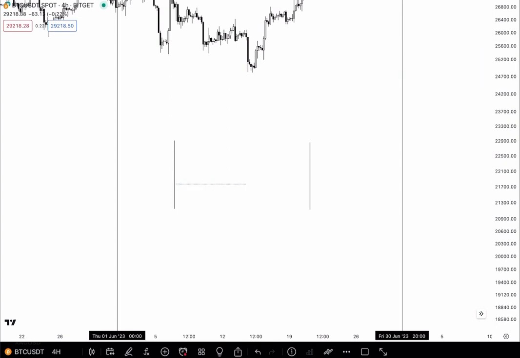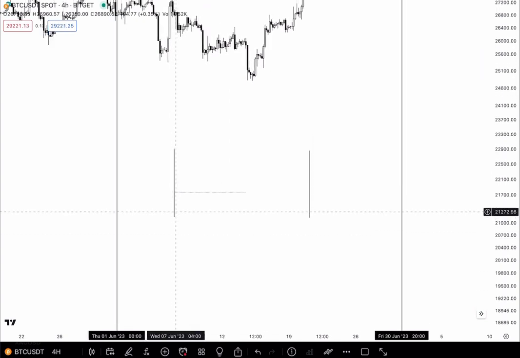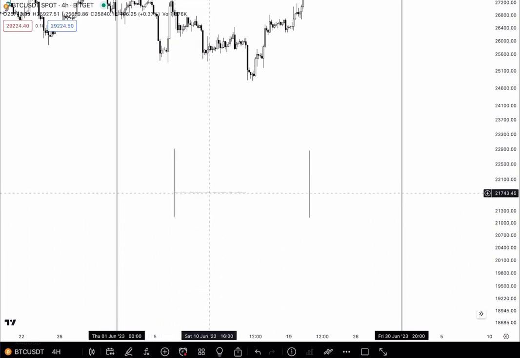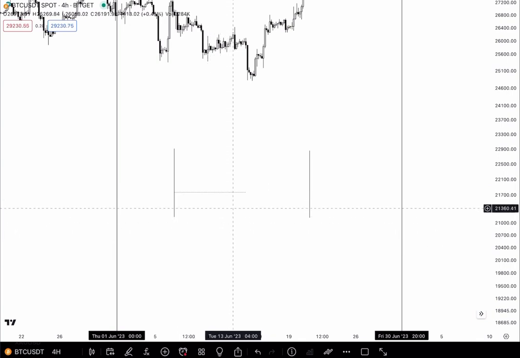So the opening time is there, opening price, expecting below the opening price a range to form, CSD, and you rally.